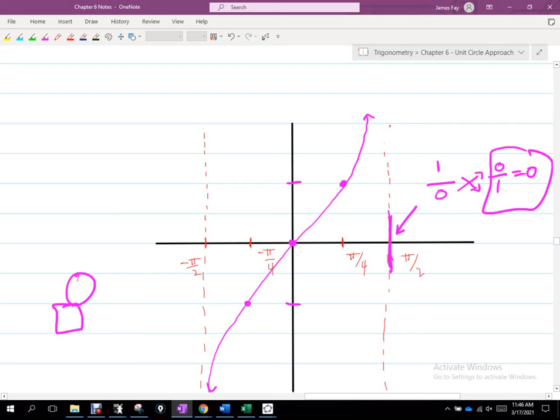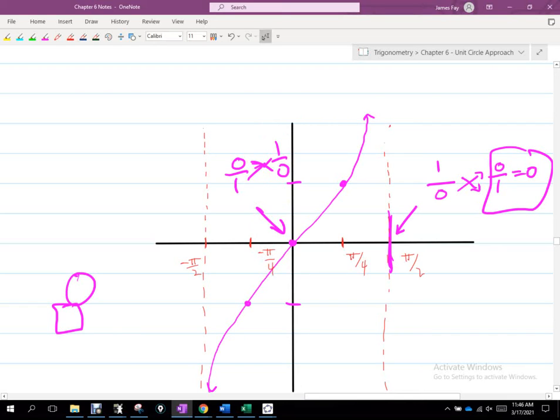Does that make sense? Right here on the tangent, that was developed by 0 over 1. But what's the reciprocal of that? That's 1 over 0. What does that tell you on the cotangent, where the y-axis is? That is going to be an asymptote, undefined there.